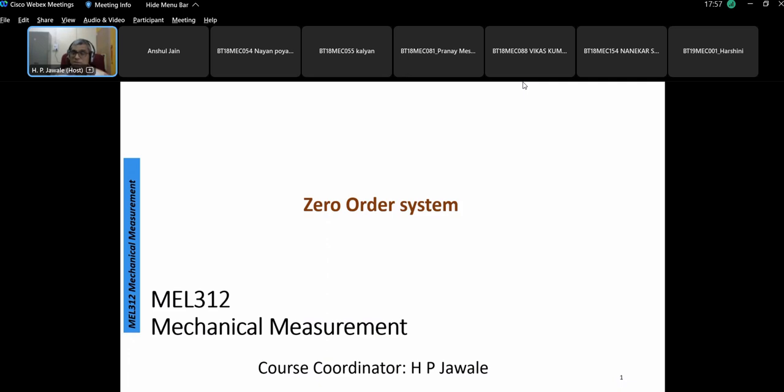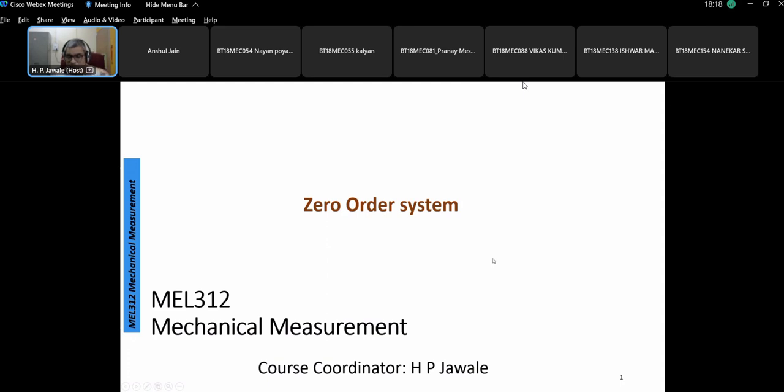So static calibration is over first. Then only you can assume that there is no role of the static characteristics in the dynamic characteristic estimation.